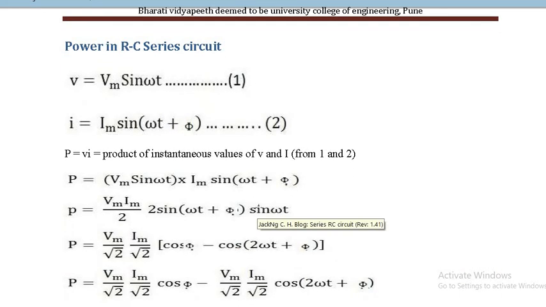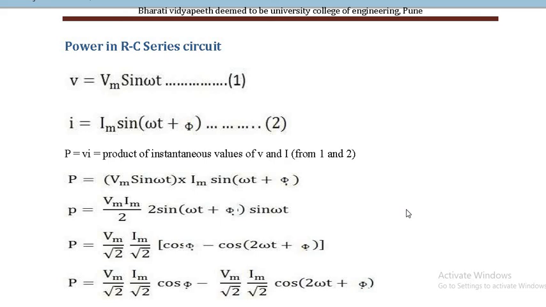Then the power expression, again same as in the case of the RL series circuit, we can have the same derivation. The power will be equal to the product of instantaneous values, so that will be Vm sin omega t into Im sin(omega t plus phi). Plus phi indicates that it's a leading circuit, or a capacitive circuit.